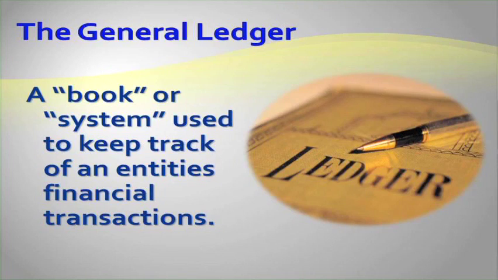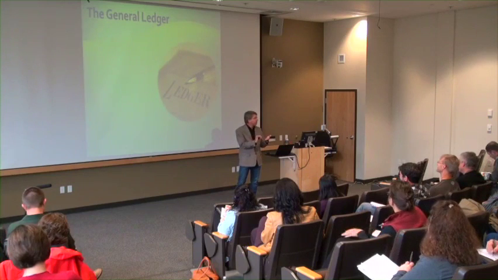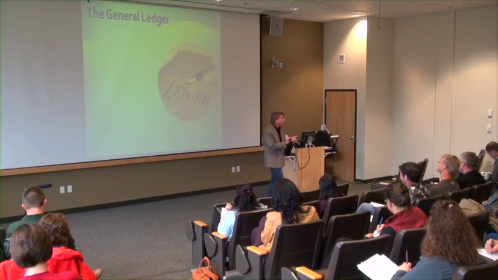Folks, what is a general ledger? Very good. It's a place where you write down your financial transactions. Now, how many of y'all are old enough to remember when it was actually a book? And accountants had very nice writing, didn't they? Awesome writing.